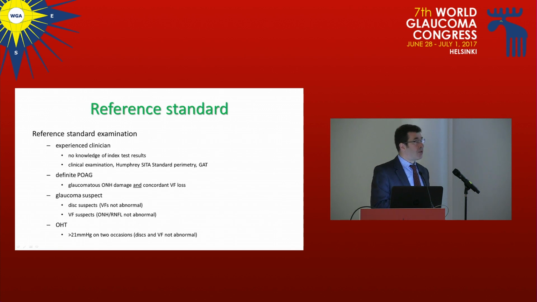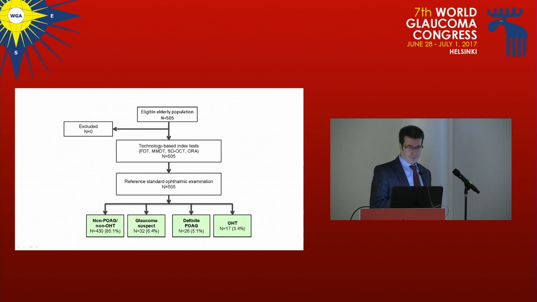The reference standard was an experienced clinician looking at the patients with Humphrey perimetry, Goldman tonometry, and a slit lamp examination of the optic nerve. She had no knowledge of the results of the index tests, and she divided the patients into those that had definite glaucoma, who had nerve and field loss, glaucoma suspects, which had either, and ocular hypertension or normal subjects.